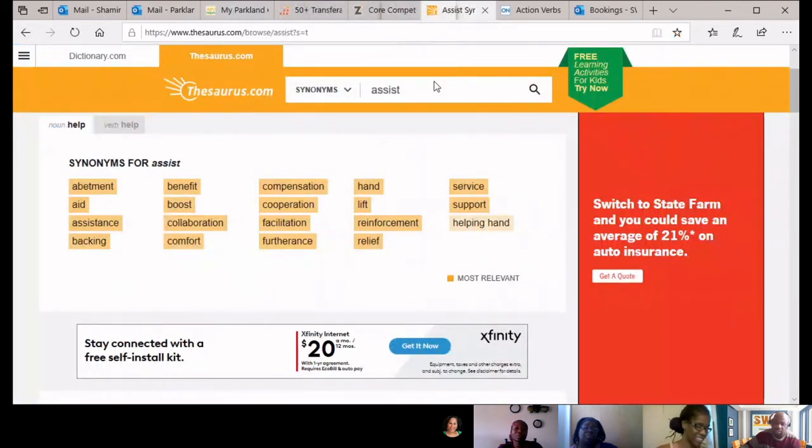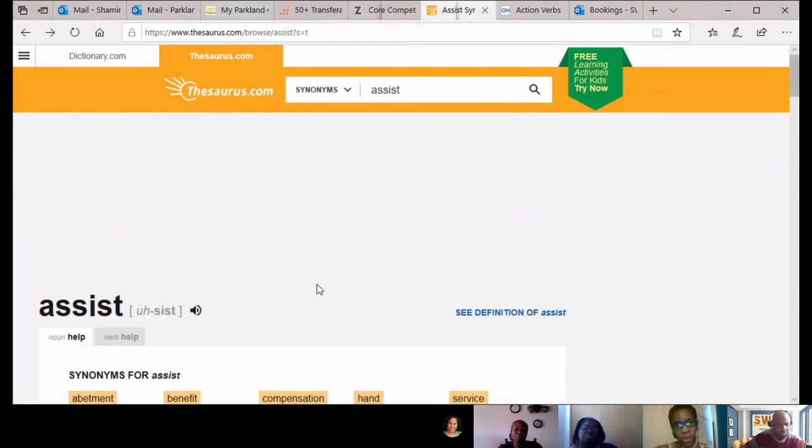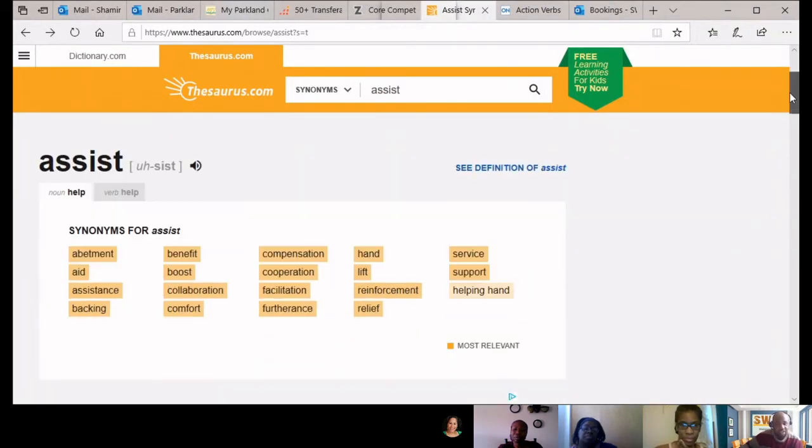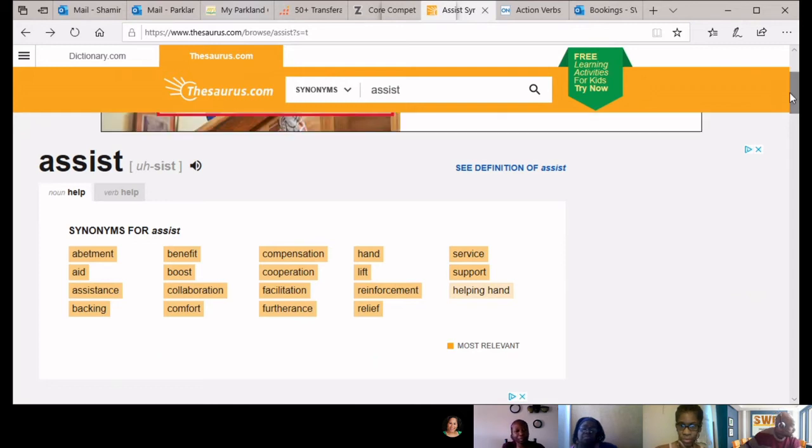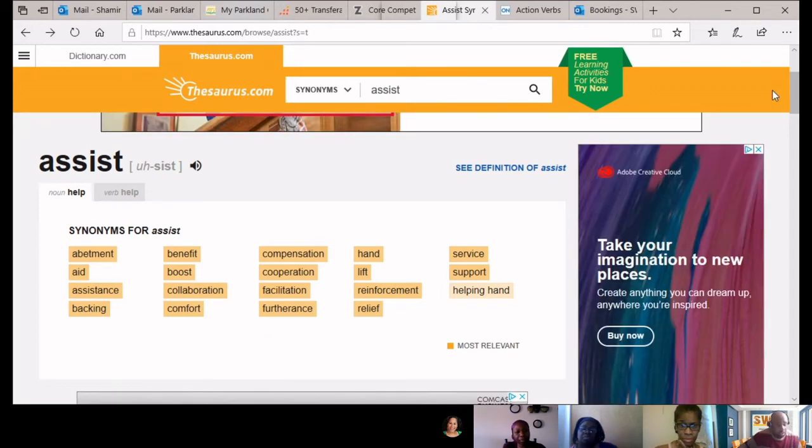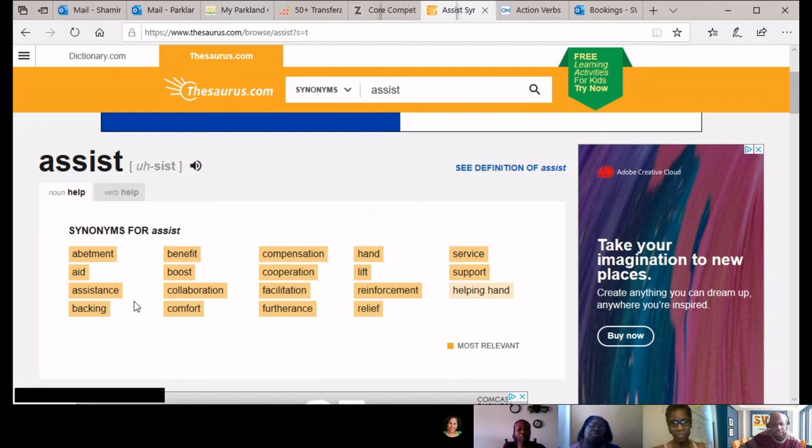All right, so you take a word like assist, you enter it into the search box, click search, and it would pop up. It'll do that with almost any word that you enter in. Pretty much, it has the entire English dictionary listed there, and you just pop the word in, and you get all kinds of results.